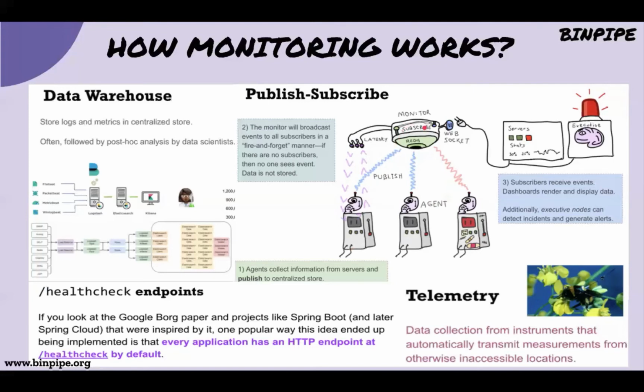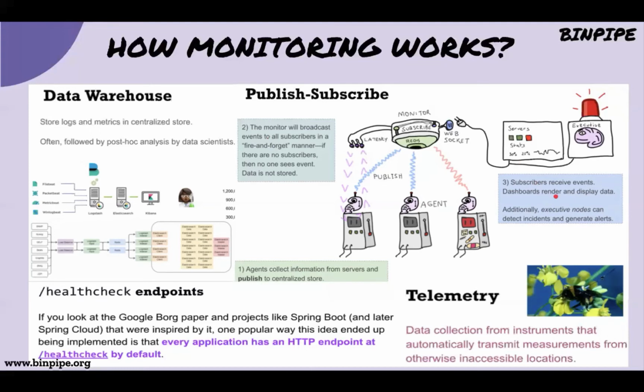It is subscribed to these agents, so it is getting data from these agents and rendering it on the dashboard. These steps are written here, like how it happens. The agent collects information from servers and publishes to a centralized store. The monitor broadcasts the events, and then the subscribers receive the events and show it on the dashboard. So this is how this one works.